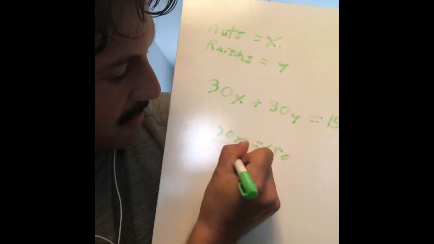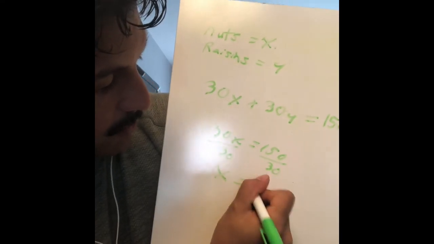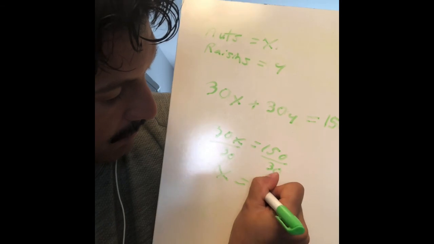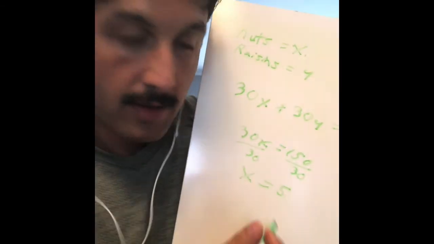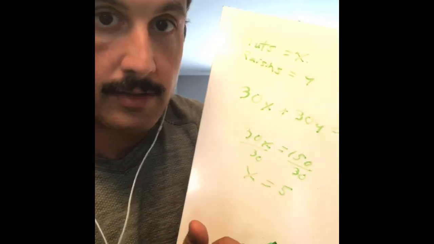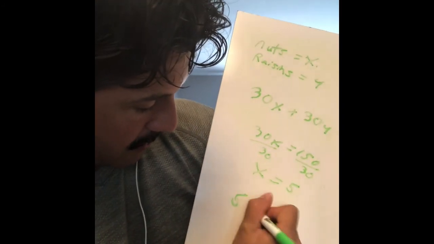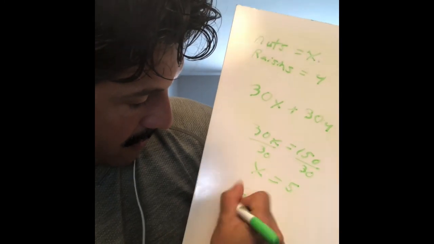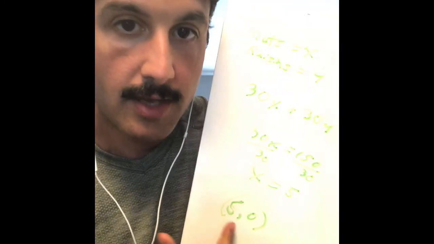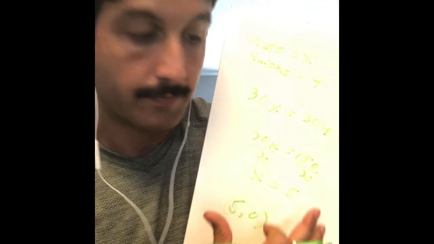Divide by 30, divide by 30, x equals 5. That means I've got 5 kilograms of nuts. So 5, 0. 5 kilograms of nuts, 0 kilograms of raisins. That will work.